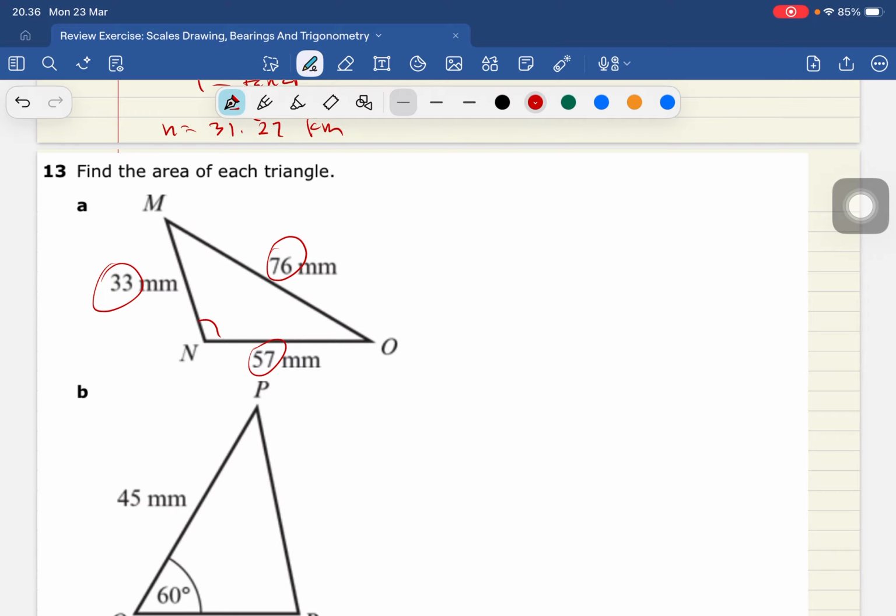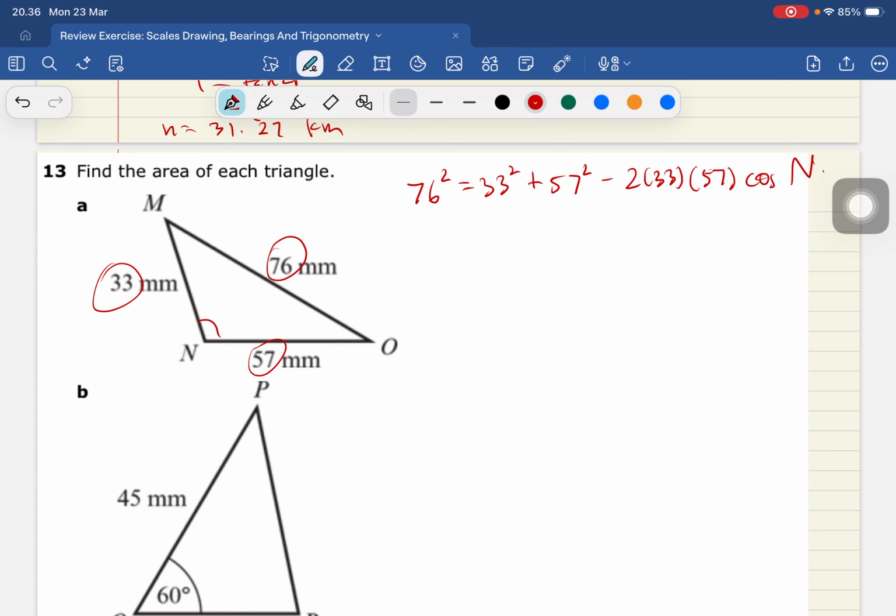So the opposite side, 76 squared, equals 33 squared plus 57 squared minus 2 times 33 times 57 times cos of n, which we need to find.